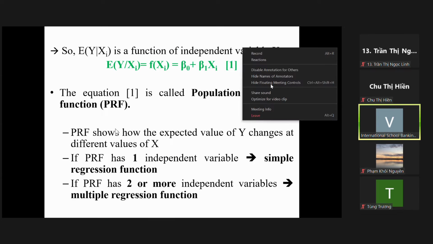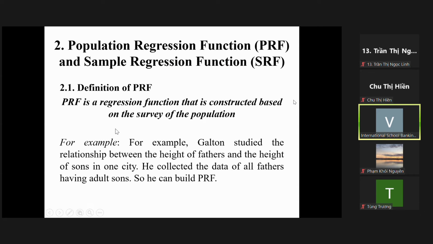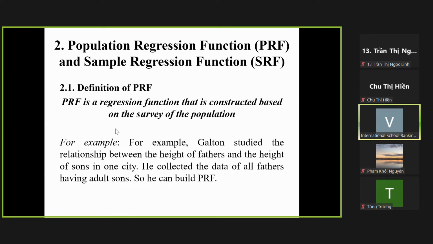The first one is the population regression function, and the second one is the sample regression function. Hàm hồi quy tổng thể và hàm hồi quy mẫu.